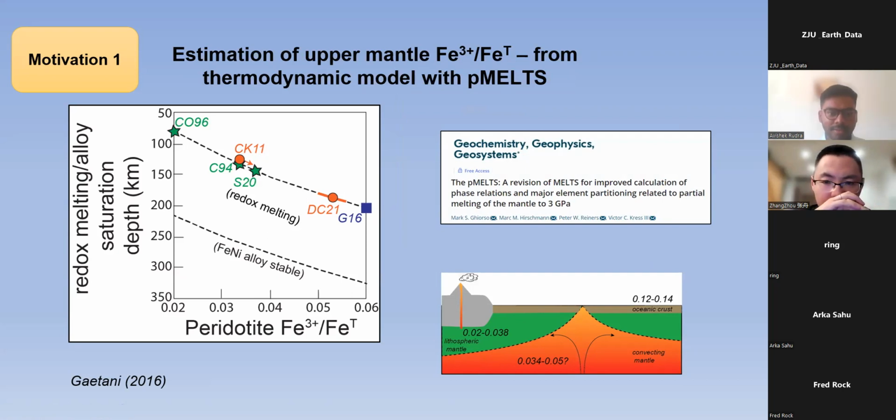So you can see there's a factor of 3 difference in our estimates of the ferric iron content of the upper mantle, from 0.02 to 0.06. Since we don't know the value, the depth of redox melting can vary from somewhere around 75 kilometers to close to 200 kilometers. So I set out to understand what the ferric iron content of the upper mantle looks like, from which we can then estimate the depth of these redox reactions.